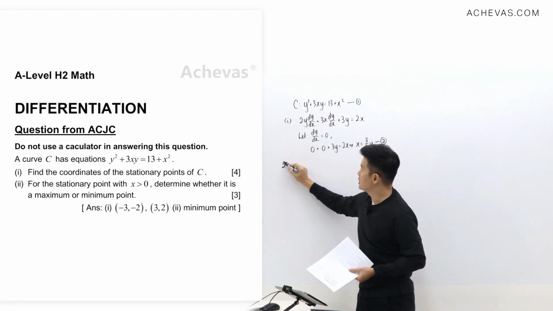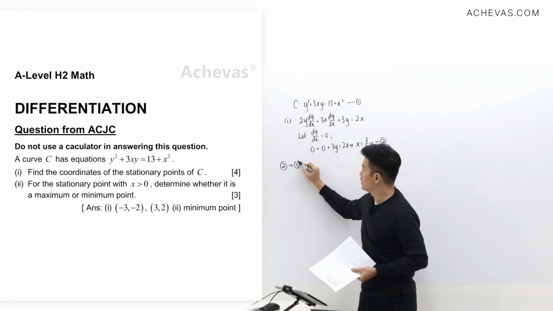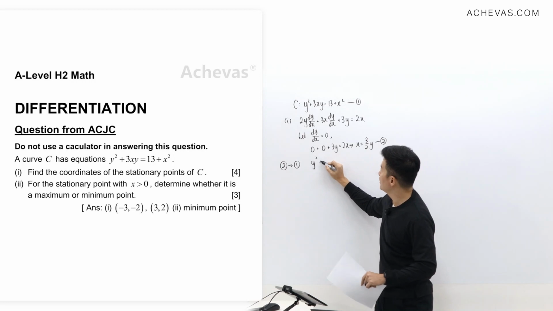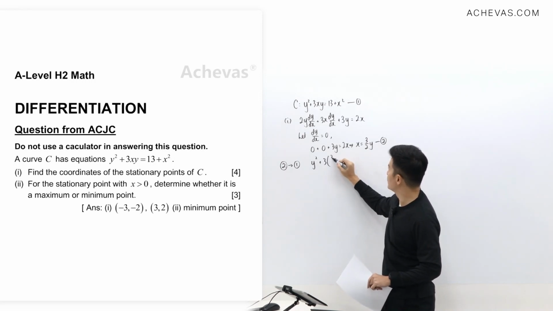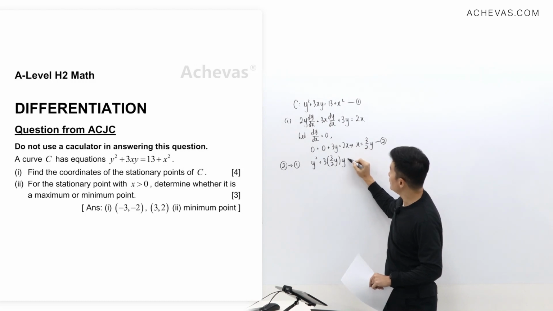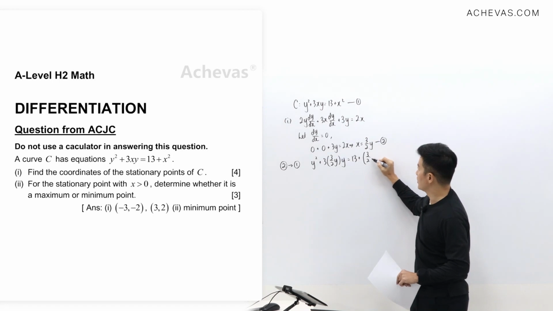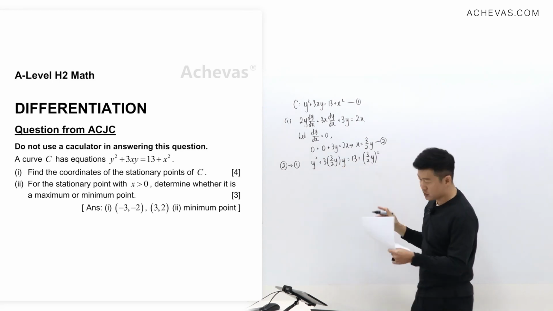So I'm going to take equation number 2 and substitute it into equation number 1, which will be giving us y squared plus 3x. I'm going to replace it by 3 over 2 y, then times y, is equal to 13 plus, this is going to be 3 over 2 y, squared. So we have y squared, y squared, y squared.